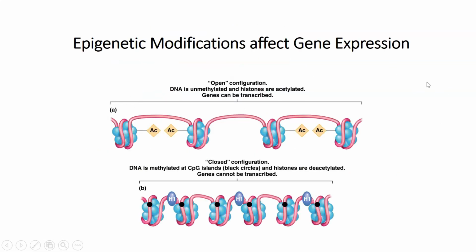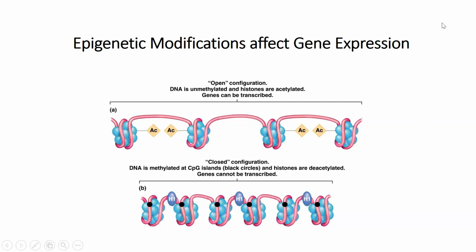All right, this slide is just showing how epigenetic modifications can affect gene expression by either loosely packing or tightly packing nucleosomes. In acetylated histones, there's this loose spacing of the nucleosomes along the DNA strand.